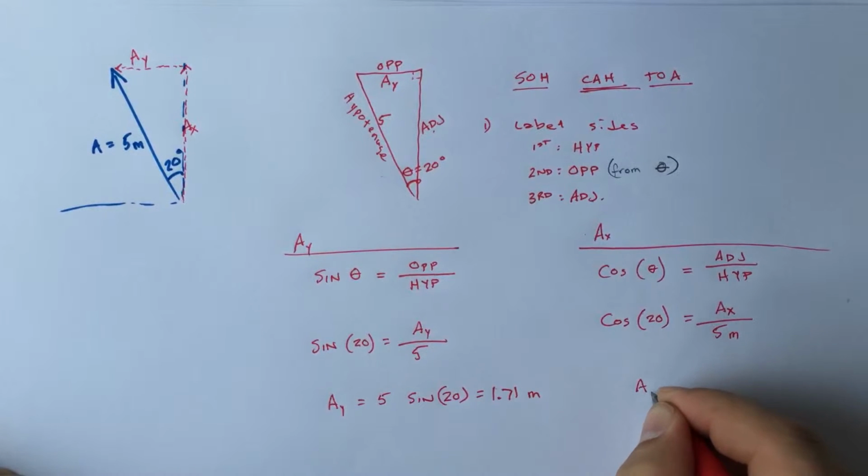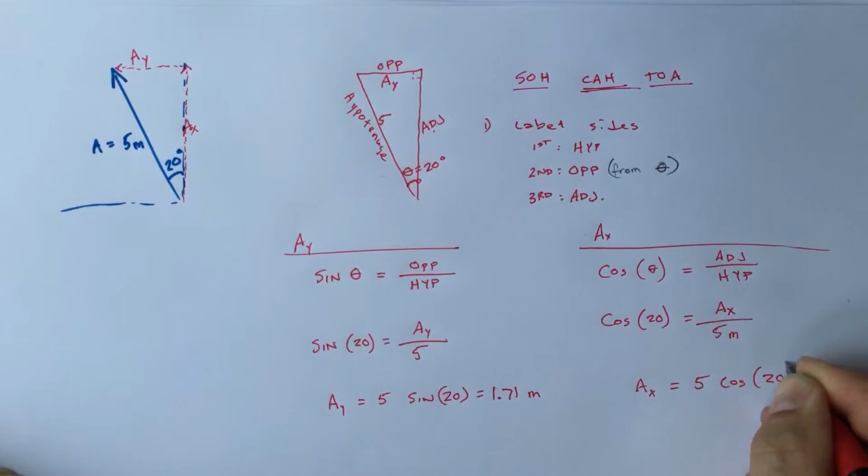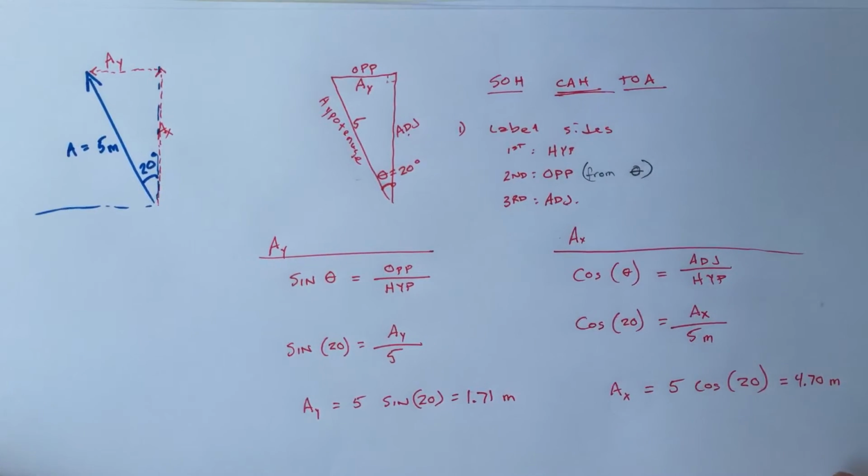And therefore, AX is equal to 5 times the cosine of 20, which gives me 4.7 meters. All right.